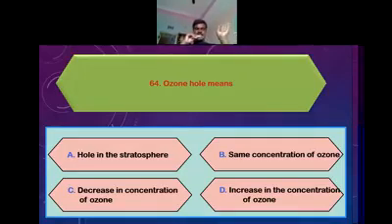Now, what happens here? Acid rain is forming, global warming is happening. Why is it happening? These are all happening because of greenhouse gases, we say.